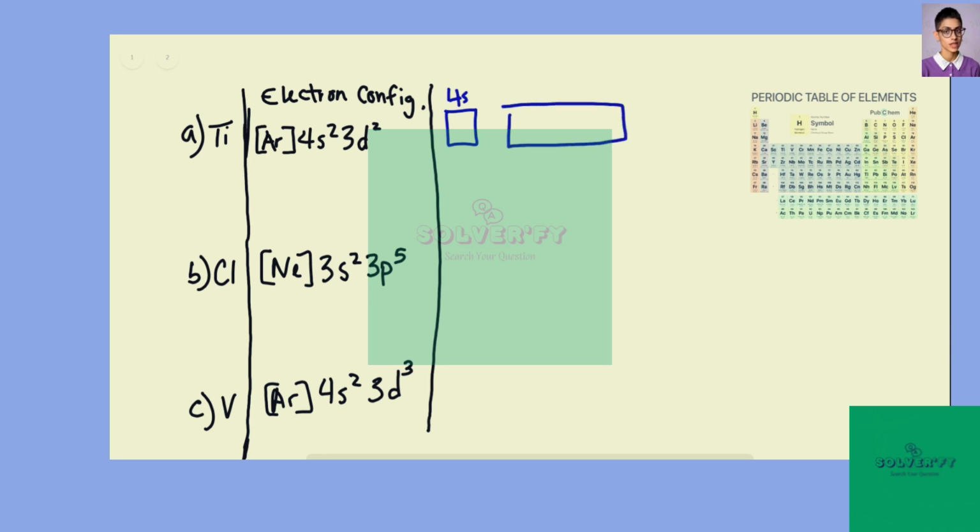And then the next one, we have the 3d. Then finally, we have the 4p. Because titanium's in this row.